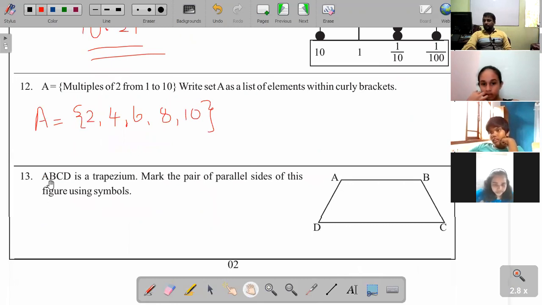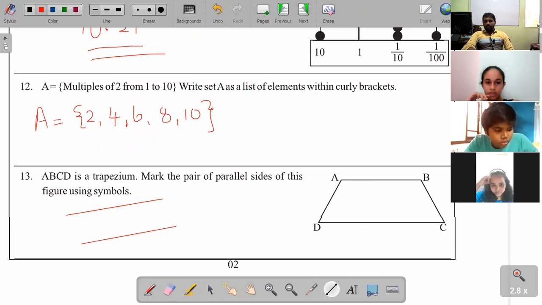Right. Number 13. ABCD is a trapezium. That's a trapezium. Mark the pairs of parallel lines of this figure using symbols. Do you remember the symbols of parallel lines? What's the symbol? You have to draw an arrowhead on the straight lines. Okay. Do you think these two lines are parallel?